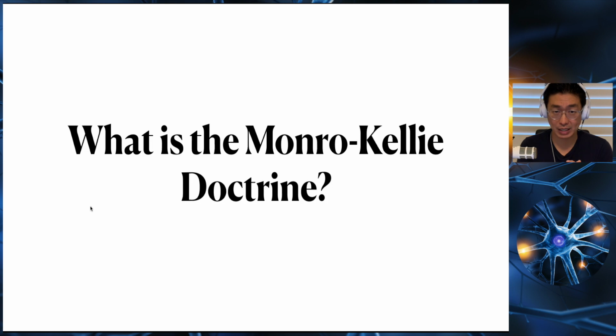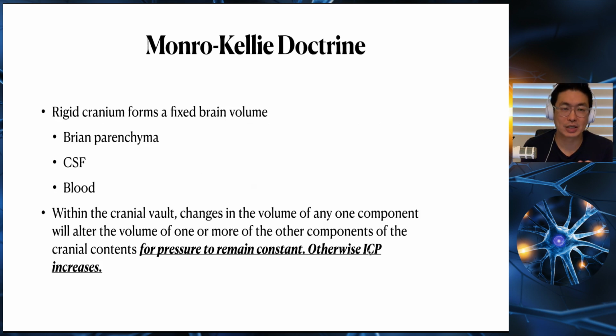What is the Monro-Kellie doctrine? The Monro-Kellie doctrine talks about the rigid cranium forming a fixed brain volume, which consists of brain parenchyma, CSF, and blood. And this is verbatim from the text. Within the cranial vault, changes in the volume of any one component will alter the volume of one or more of the other components of the cranial contents. That's where it ends.